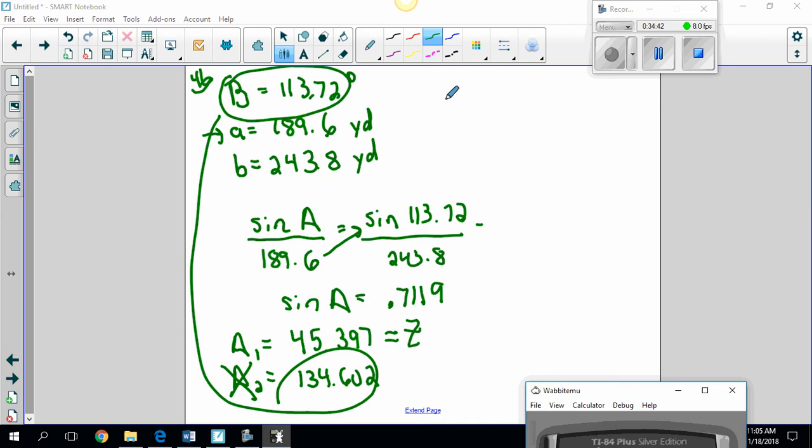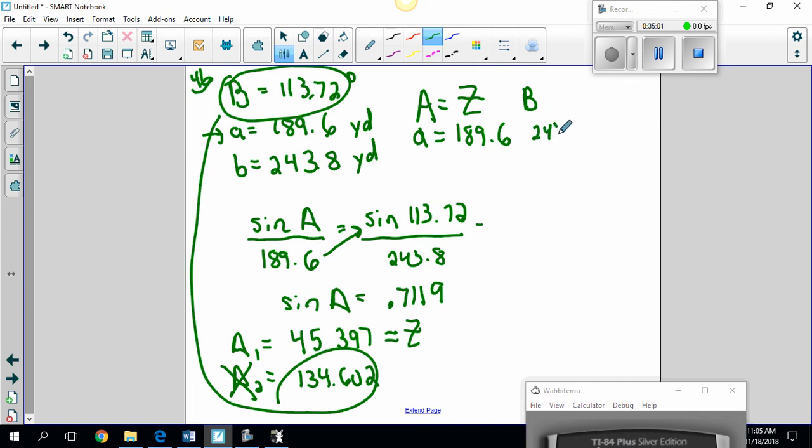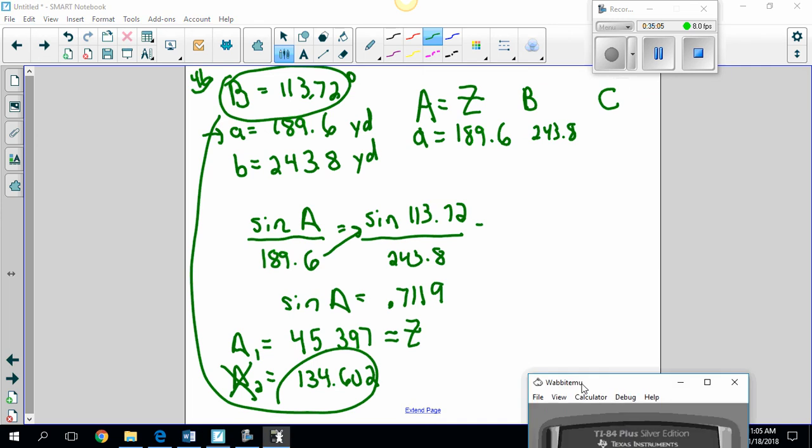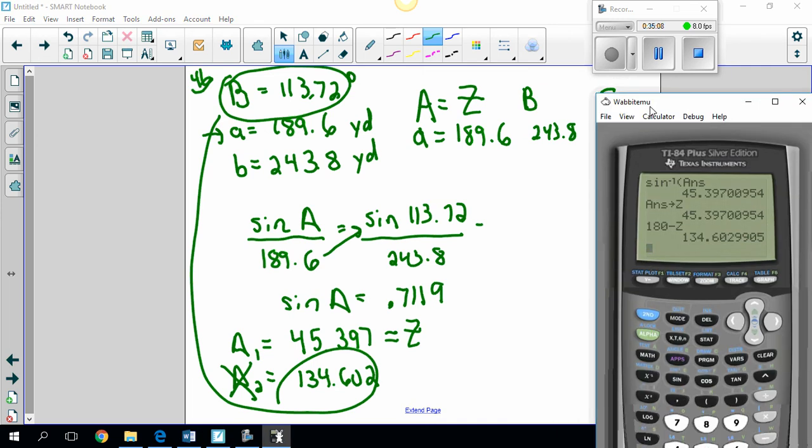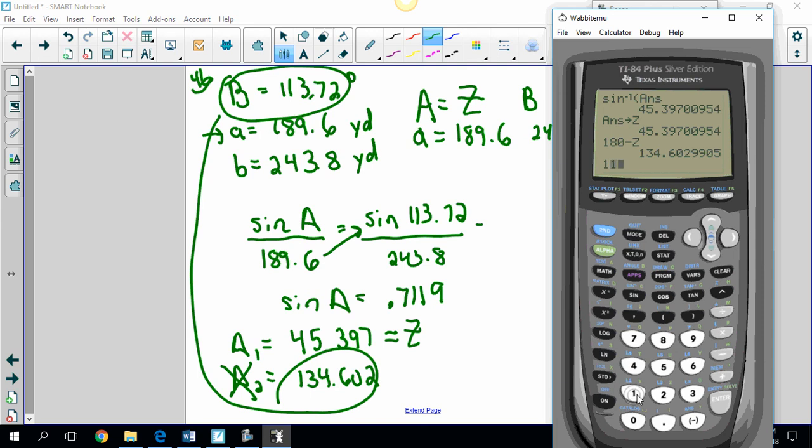Because we got angle A to be angle Z, and we got little a to be 189.6, and we got angle B to be angle B, and we got little b to be 243.8, and angle C is a joke. So let's get that 113.72 store alpha B action going.